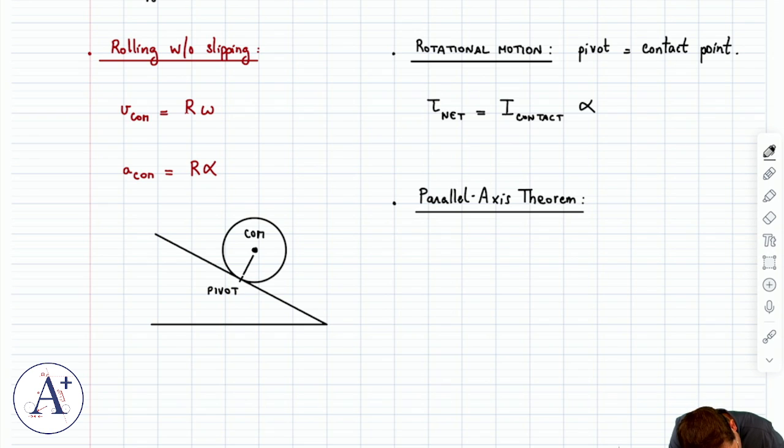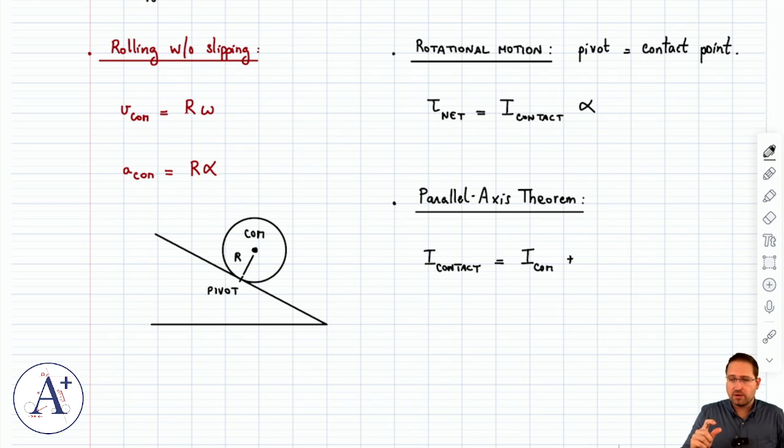So we need to know the distance between the two, which is r, and we can say that I contact is I center of mass plus, well, if the sphere has a mass m and there's a distance d between the two axes, between here and here, well, the answer is plus m d squared.